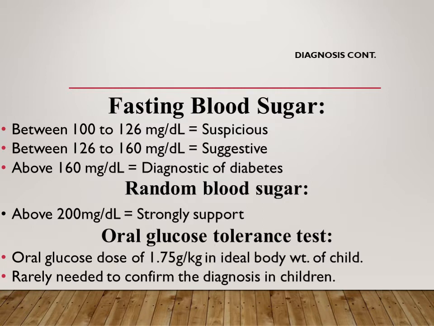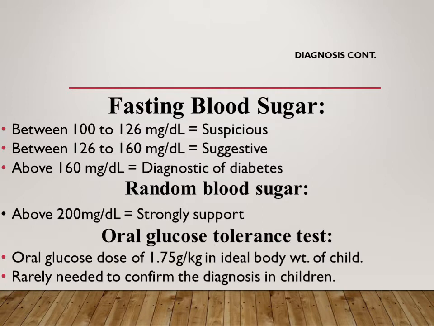Now we come to the fasting blood sugar level. It has three levels, for suspicion, suggestion and confirmation of diabetes mellitus. When the blood sugar level is above 160 mg per deciliter, it confirms the diagnosis of diabetes mellitus. When the blood sugar level is between 126 to 160 mg per deciliter, then the patient can have diabetes mellitus.